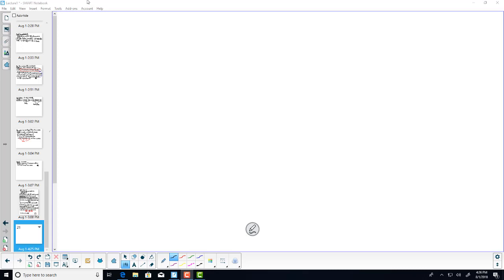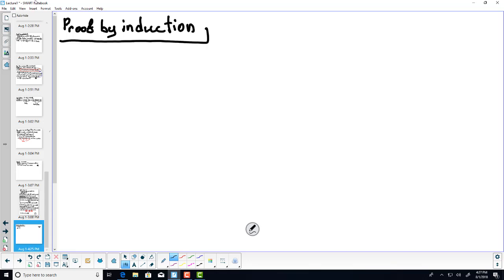Finally, the last strategy we are going to learn is proof by induction. Proof by induction is a very useful method when we want to prove a certain type of statement that involves natural numbers.